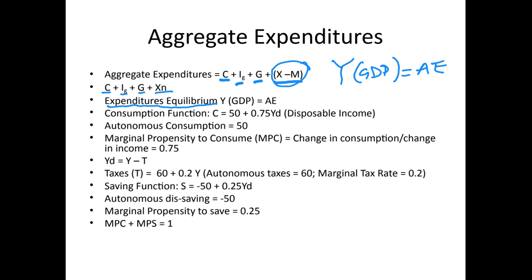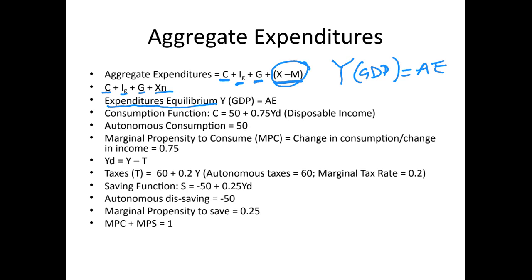Then that $1 million GDP would be equilibrium GDP if the aggregate expenditures, that is consumption expenditure during the same year, government expenditures, investment expenditures, and net exports, are also equal to $1 million. That is the equilibrium condition.